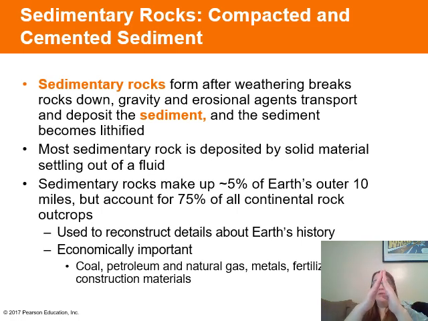So over time, this very sharp peak is going to turn into a rounded hill. All of the broken material from that sharp peak is going to be pulled down the side. It's going to be transported somewhere else through erosion, where eventually all of it is going to be deposited as sediment.